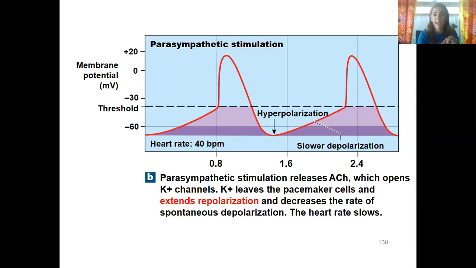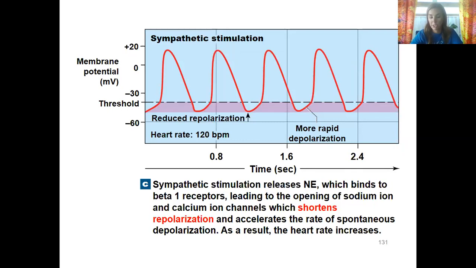Versus if we look at sympathetic stimulation, now you can see that this chart looks different again, and still looking at the purple, we have a whole lot less purple, because sympathetic stimulation will release norepinephrine.